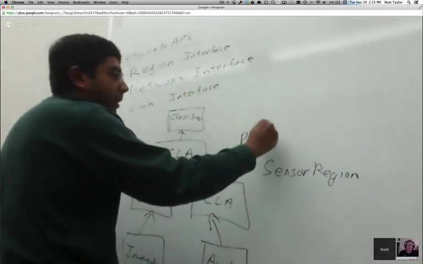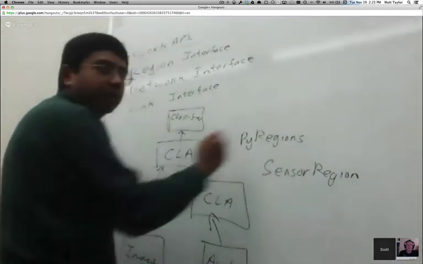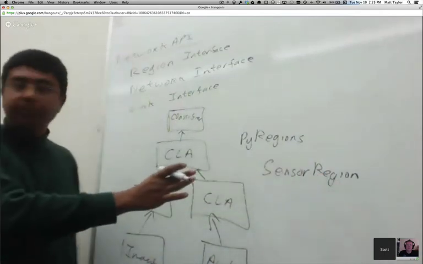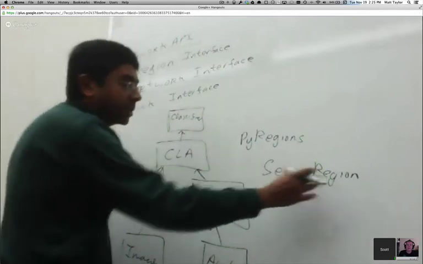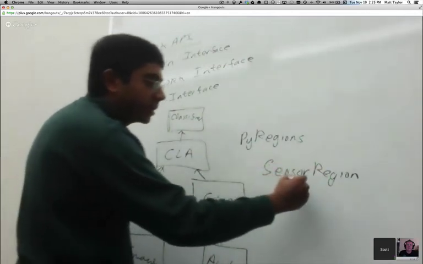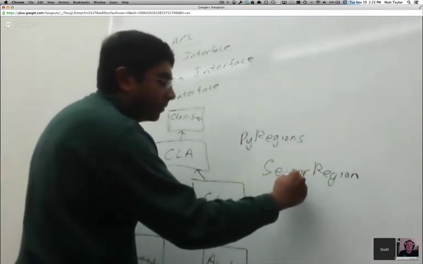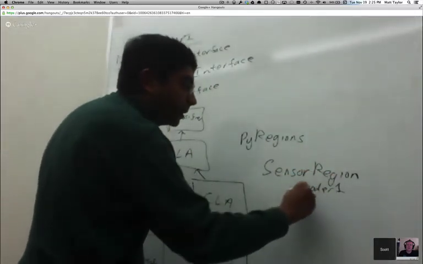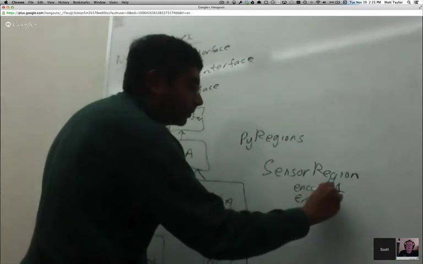It is one of these Pi regions that I mentioned. I think this is correct. So it's a sensor region, and inside the sensor region you can have any number of encoders. So you can have encoder 1, encoder 2, and so on.